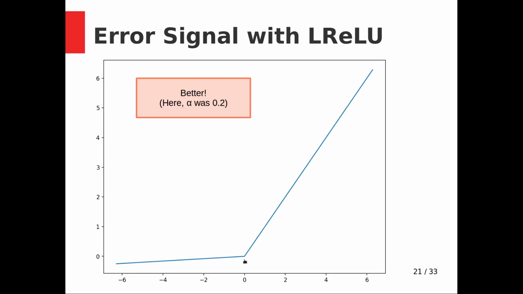So again, if the target output was 0, what does the error signal do? Well, as we go positive, it increases dramatically. As we go negative, the absolute value of it, the degree of error, increases slowly. But it's still increasing. The error signal is getting stronger the wronger we get, and so we are still going to learn.